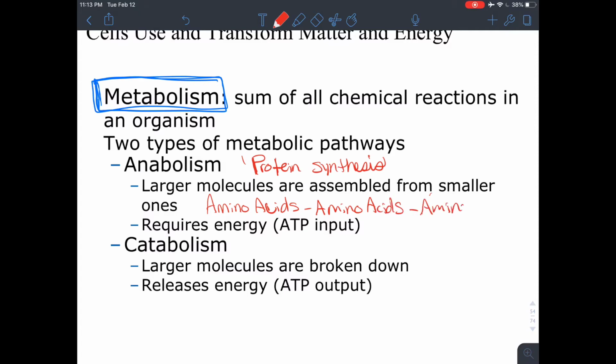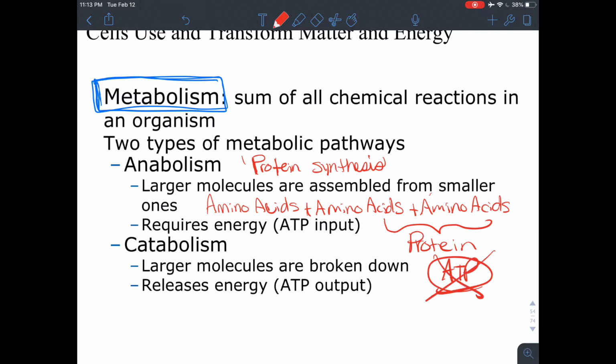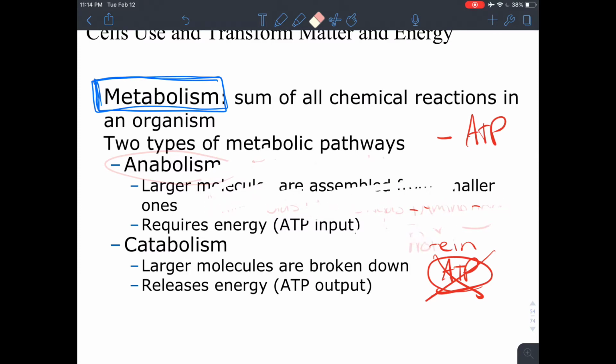And as soon as we get at least 3, we have a protein. The process of adding and linking all of these together utilizes ATP. It uses the energy of ATP, and so ATP goes down, or we subtract ATP, and that is called anabolism, okay? Utilizing ATP is called anabolism.